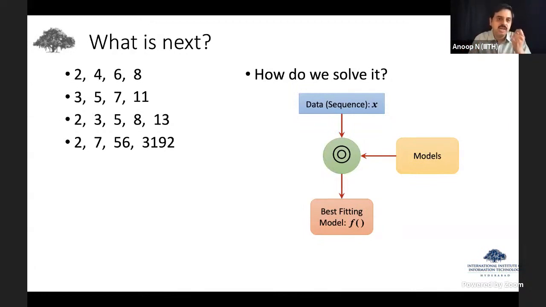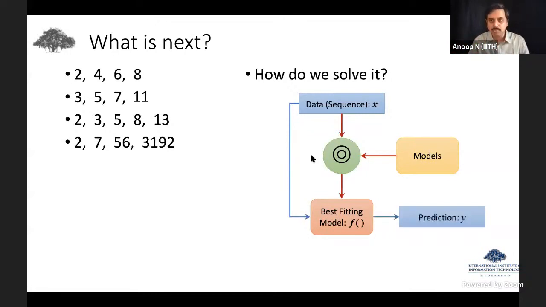Once you have simplified the series of numbers into a mathematical model, like odd numbers is a mathematical model, even numbers is a mathematical model, prime numbers is a mathematical model, Fibonacci sequence is a mathematical model, then all you need to do is take the sequence, plug it into this model, and out comes the answer, the prediction that you want to make.